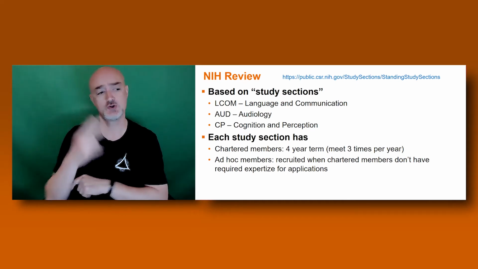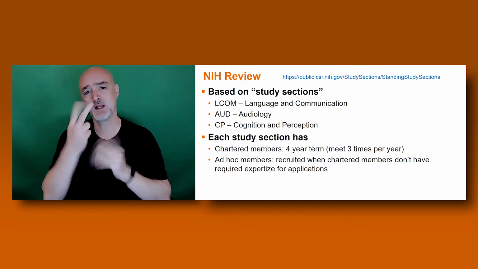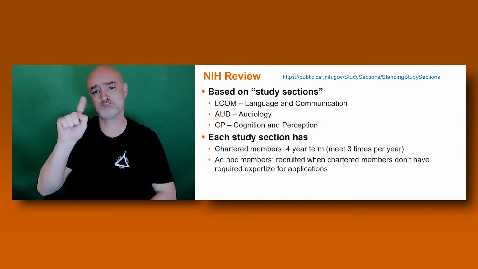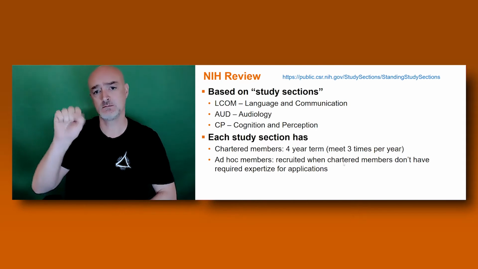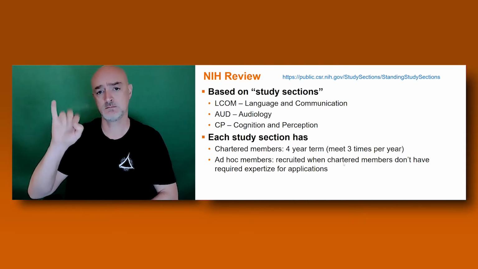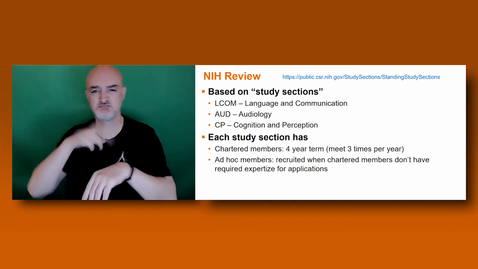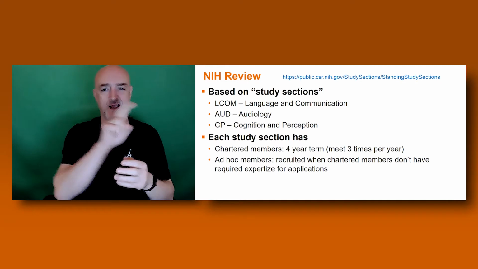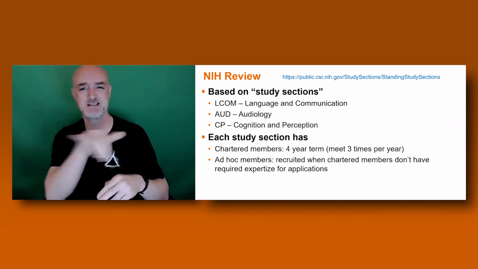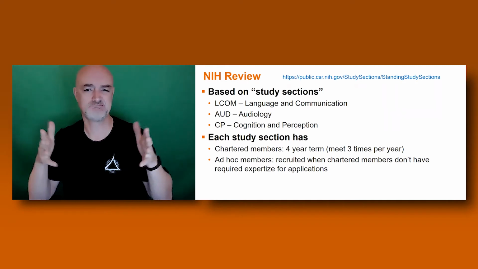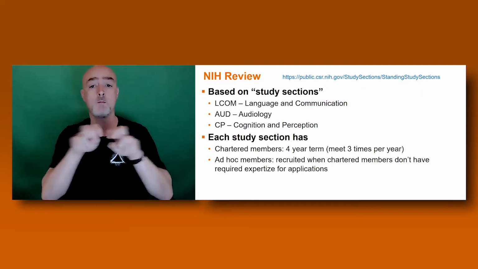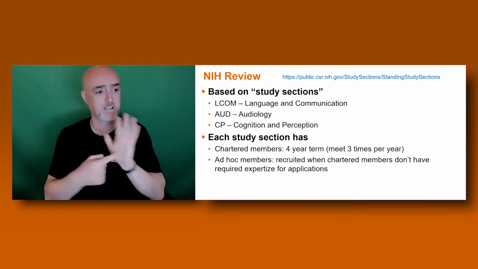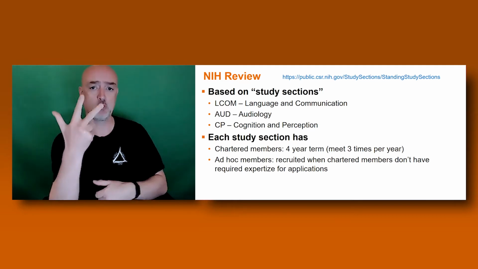So I'll be starting with NIH. NIH's reviews are based on what we call study sections. It looks more like a review panel, because NIH and NSF have similar names, but they're not quite exactly the same. There are different themes, and I've listed a few of the most common.